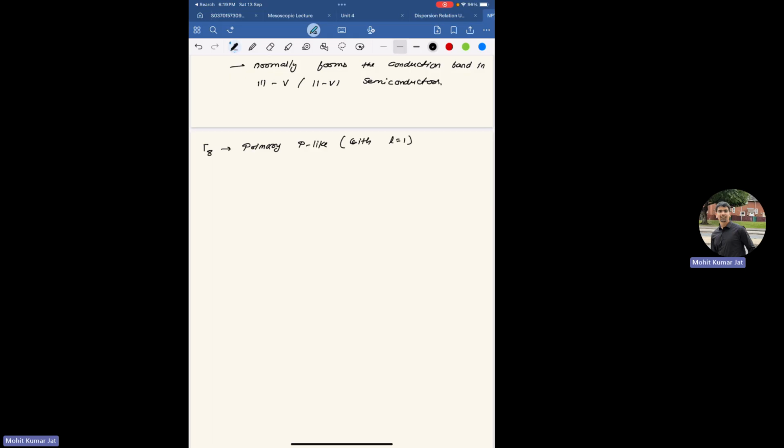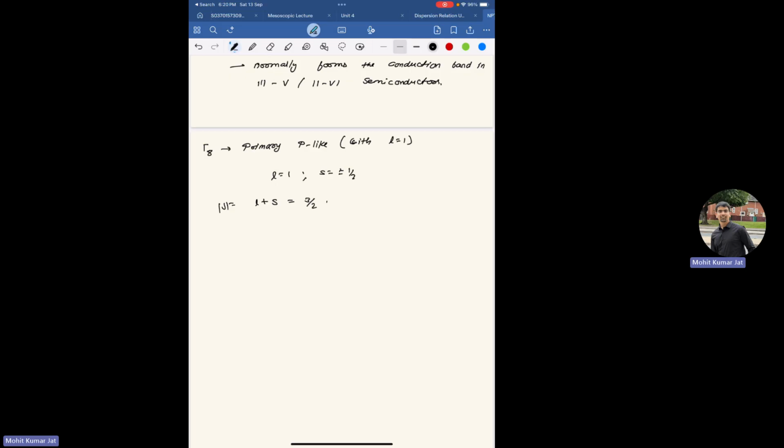But here L equals 1 and S can be plus or minus 1/2, so the J value is 3/2. It's fourfold degenerate at the gamma point, two Kramers pairs.